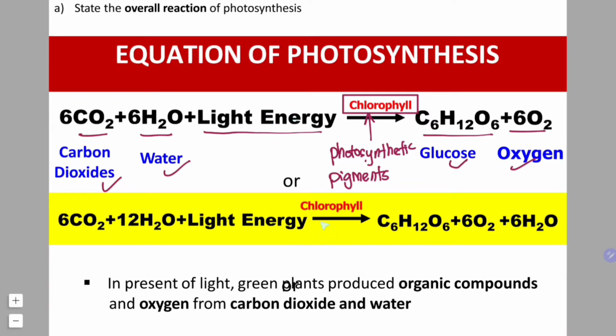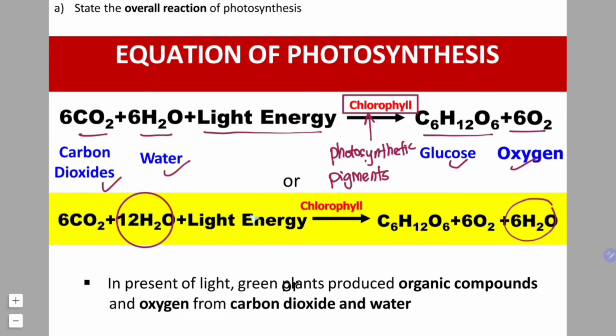Okay, the second version of the chemical reaction is basically the same as the first. The only difference is the number of water molecules. When photosynthesis occurs, the process requires water as a reactant, as well as produces water as one of the products.